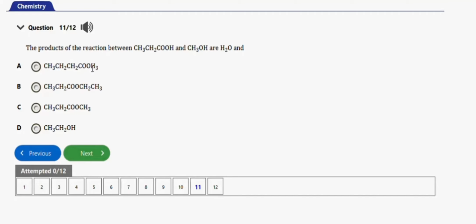So the ester we're going to have from the options here, the right answer will be option C. This option C is our methyl propanoate. Okay, that's it for this question.